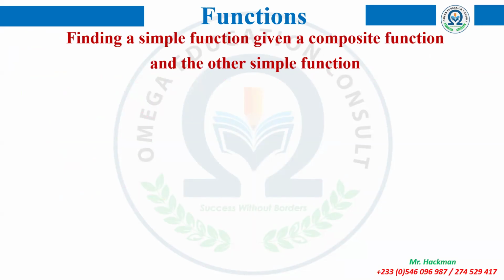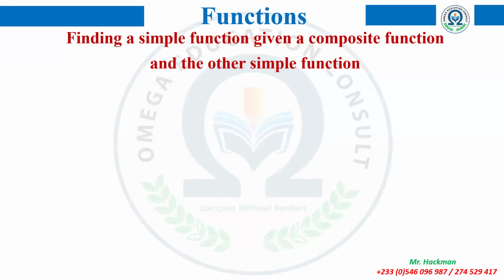If you're able to do this, then any questions related to composite functions, you should be able to deal with. So we are going to look at finding a simple function, given a composite function and the other simple function. Here we are going to restrict ourselves to composition of two functions. We won't go beyond.